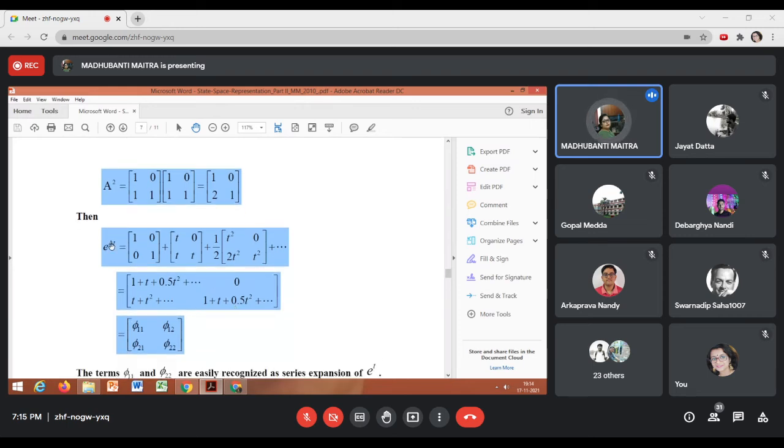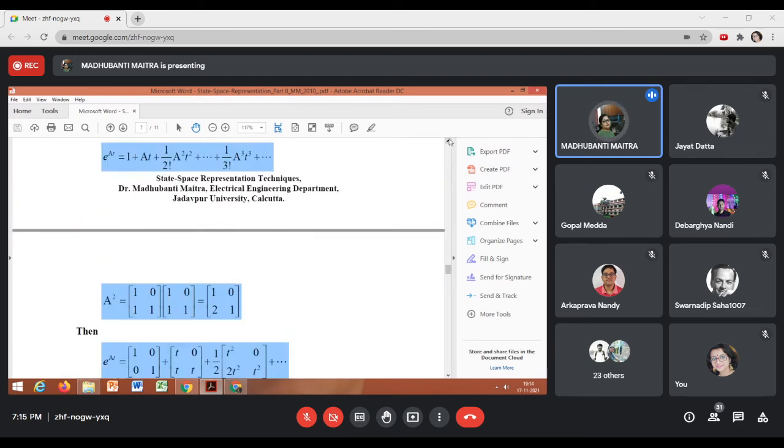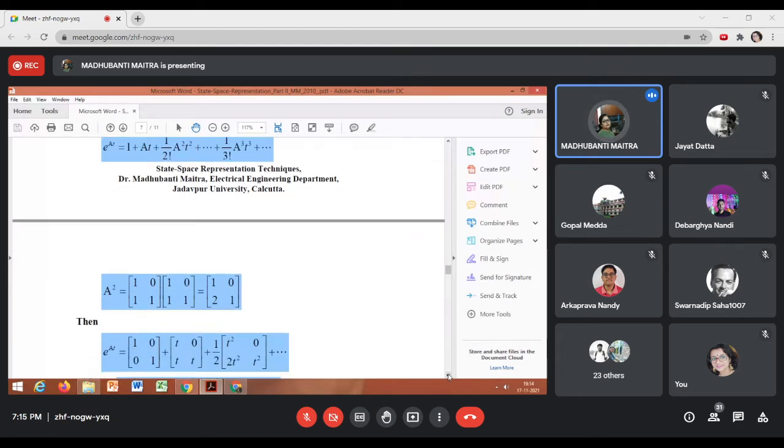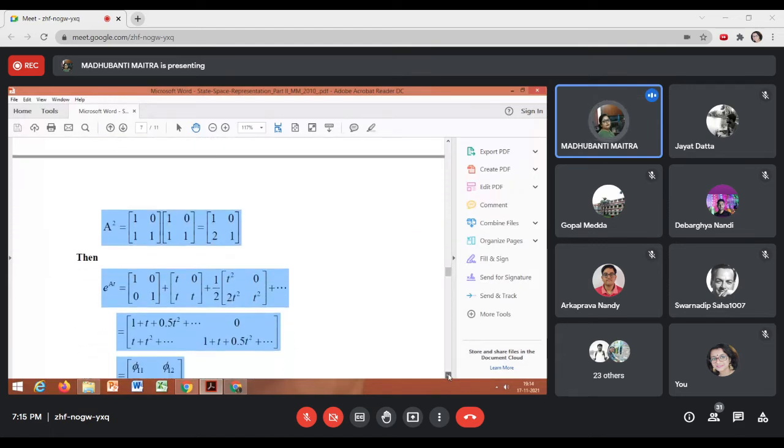So e to the power At, we know that the first term will be the 2 by 2 identity matrix. So e to the power At, in a straightforward manner we are trying to compute: the 2 by 2 identity matrix, 1 0 0 1, plus At. So what is the value of A? This is A into t, so that will be t 0 t t.